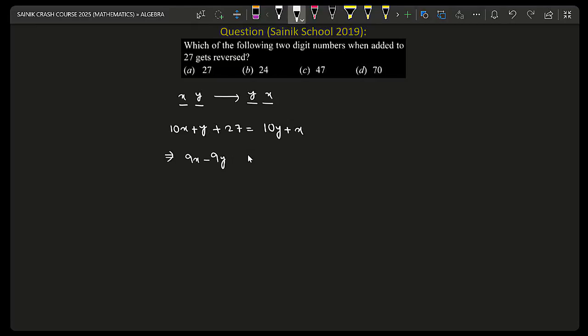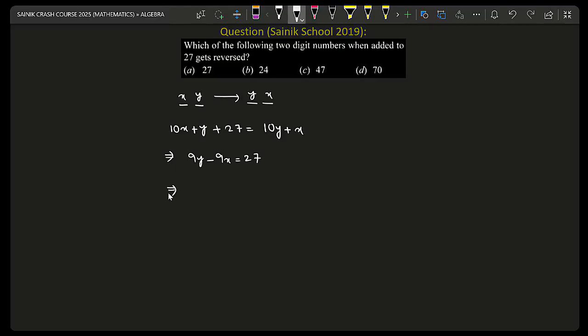But if you want the positive answer, other than transposing from right to left, you can transpose from left to right also. Take 10x and y. So 10y minus y is going to be 9y. x minus 10x is going to be minus 9x, equal to 27, right?